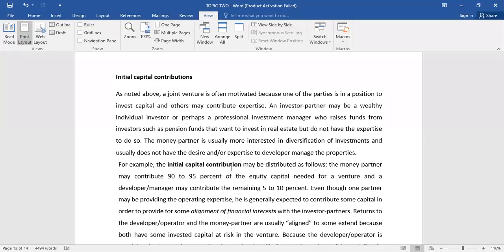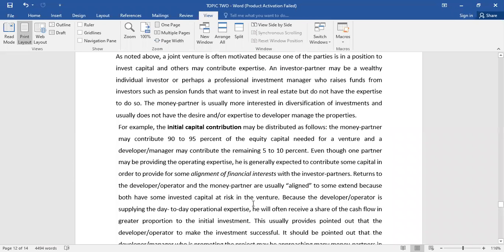You are committing. When your money is there, it pinches, especially if the money is not going into the right place. So in the modeling, it is good to have the expertise at least encumber some amount. This is what we are calling the 5 to 10%. So even though I'm providing the expertise, I have also injected some capital in the business. That means I'm also an interested party.